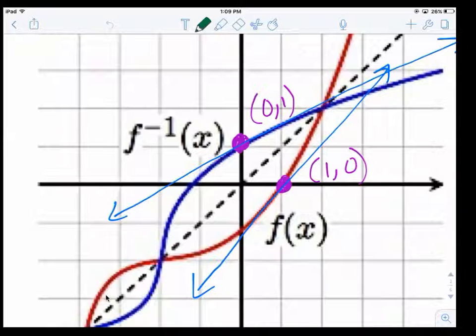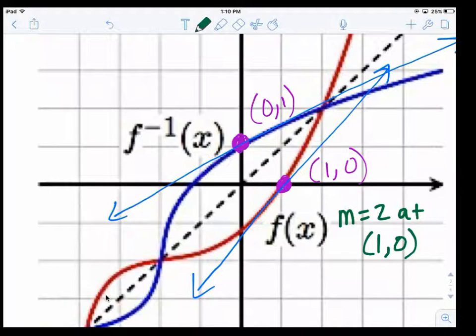So if I have a tangent line going through this point, say, for example, that the slope here was 2, so this line here has a slope of 2. So m equals 2 at (1, 0). Anytime you have a regular function and its inverse, and they have corresponding points, they're reflected over that y equals x line, this slope here is just going to be the reciprocal of this slope here.